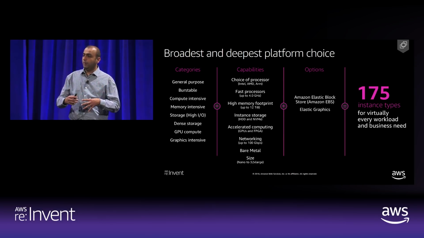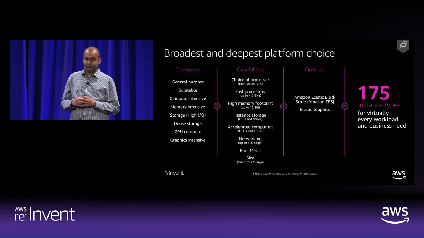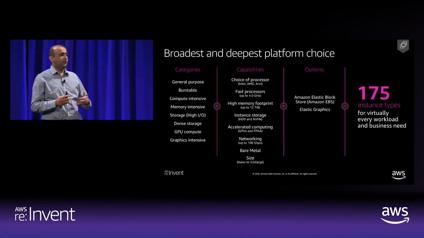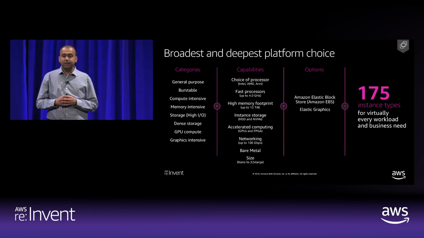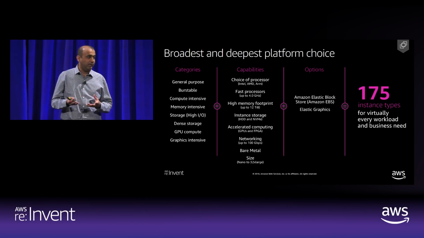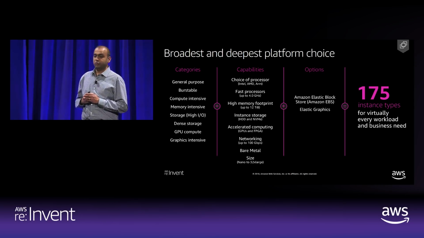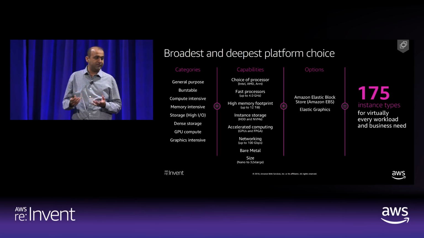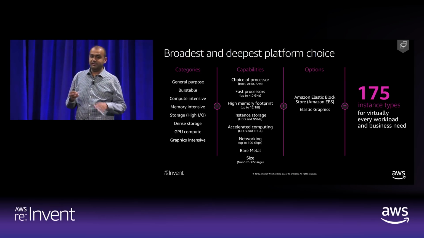We also have options where customers can use capabilities such as Elastic Block Store and Elastic Graphics for more flexibility and performance of their workloads. When these come together, we have a total of 175 different instance types that meet virtually every workload and every business need. And we are continually evolving our instances to optimize for further workloads so that we can deliver additional cost benefits.